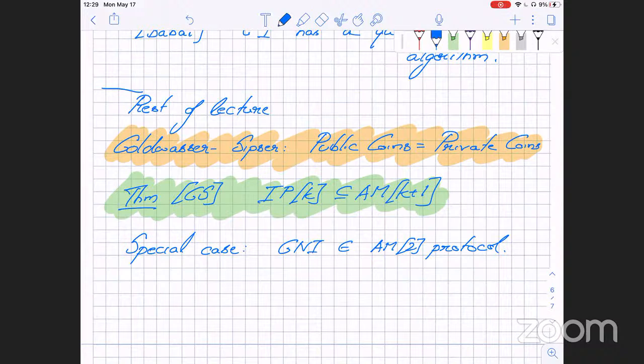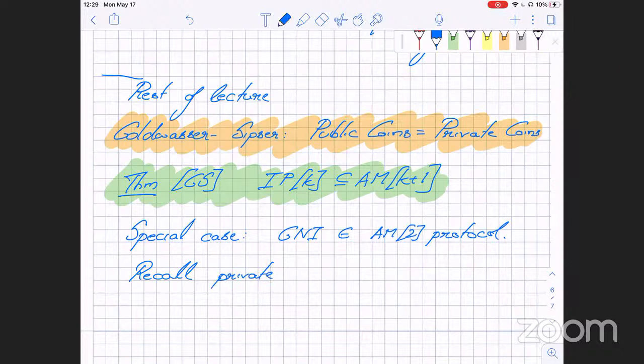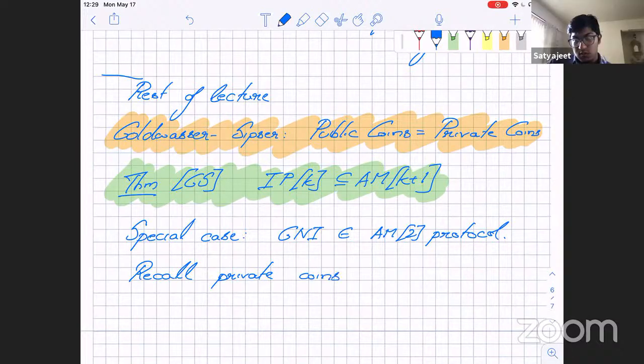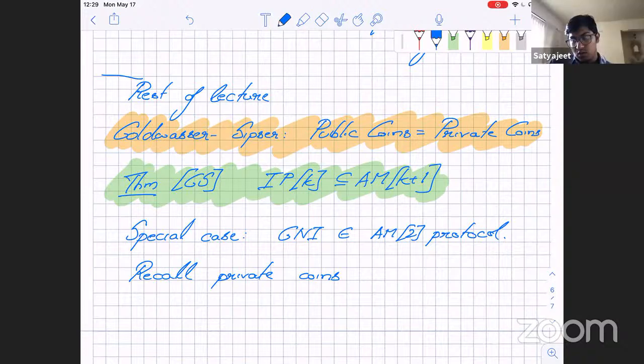So for this, let's recall. Prahladh, by the way, is this Sipser-Goldwasser protocol the same thing as this theorem above? Yeah, this is the theorem, by Goldwasser and Sipser. No, there was some Goldwasser-Sipser protocol which puts a problem in AM intersection coAM. Is this the same thing?